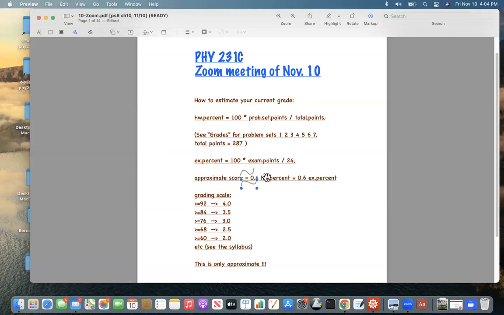Take 0.4 times the homework percentage plus 0.6 times the exam percentage. That'll give you a number somewhere between 0 and 100. So that's your kind of approximate score.